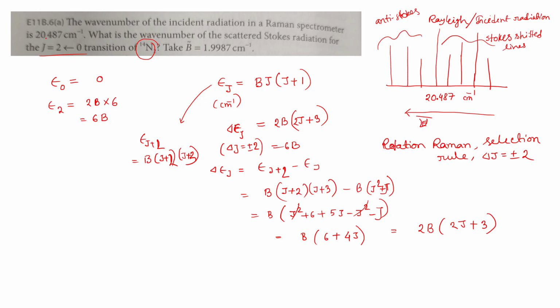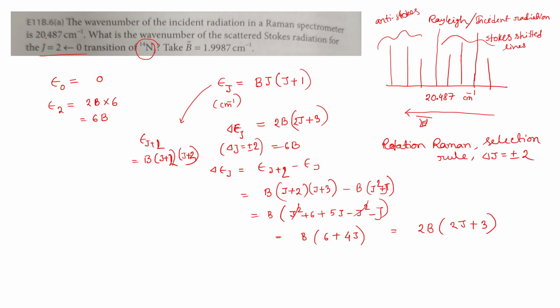So here we can see that for the 0 to 2 transition, we expect 6B amount of transition energy or wave number to be required. So what is the wave number for the scattered Stokes line? And one more thing we need to remember here is where it will fall: 20.487 minus 6B.